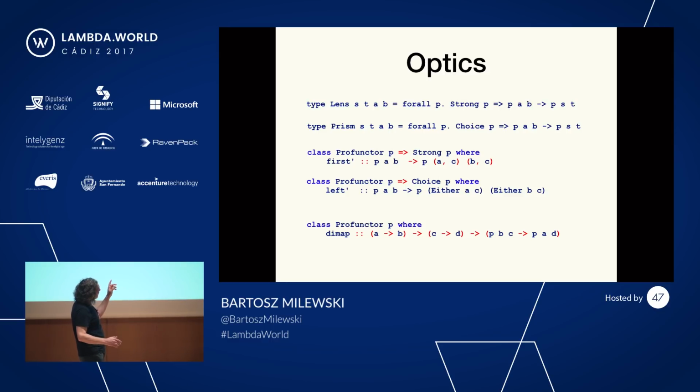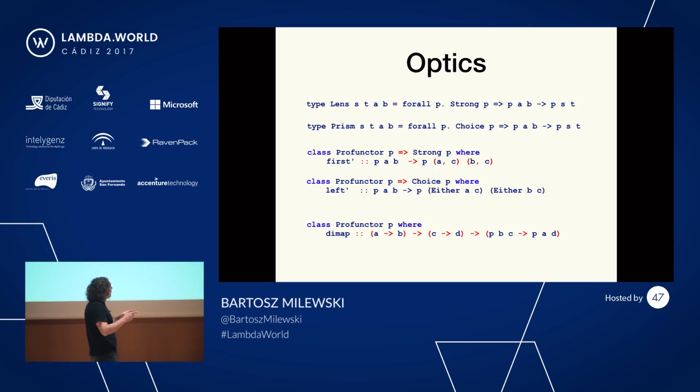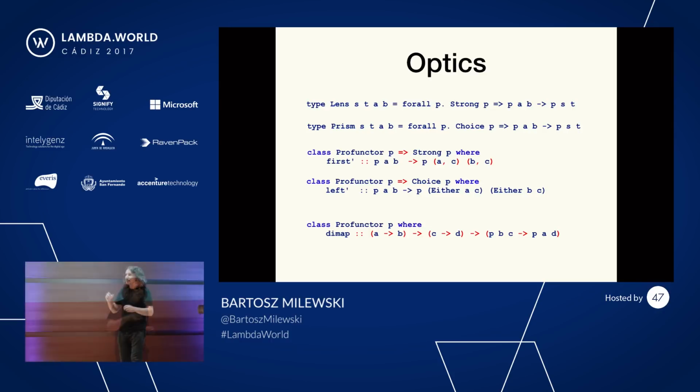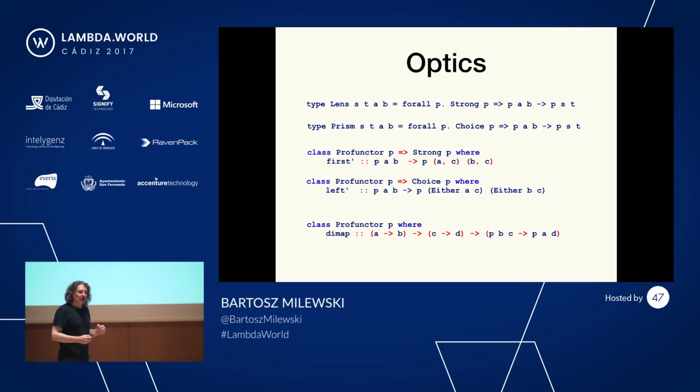It's a function that takes this type P A B, which is generated from two types A and B, and produces a new type, an element of a type P S T, which is produced from S and T. Moreover, this is not all. There is also this Strong P and Choice P. These are the constraints. They say that this is not just any profunctor, but profunctors that actually satisfy certain constraints.